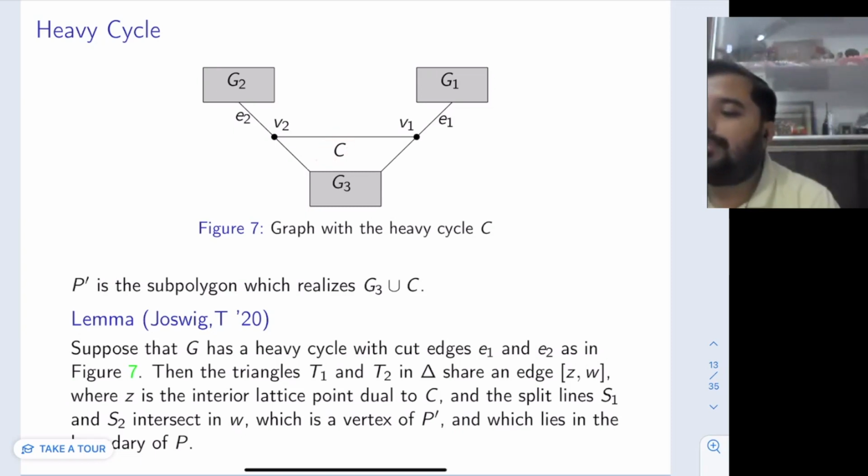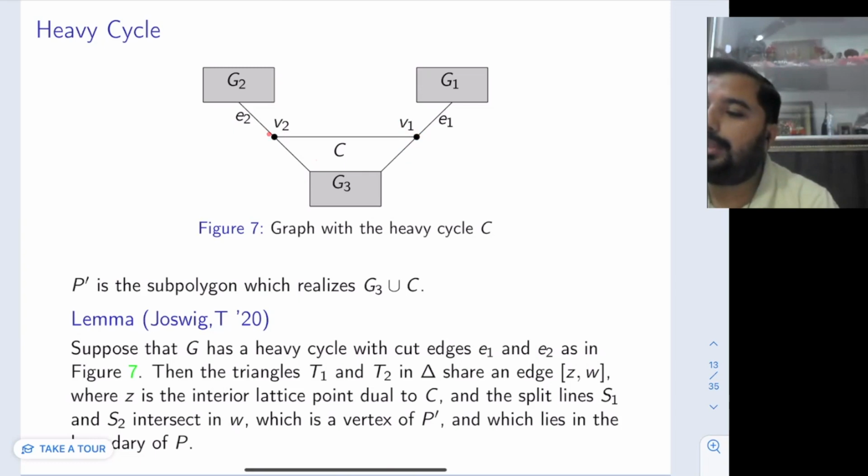If your graph looks like this, wherein you have a cycle C attached to two components G1 and G2, along with an underlying component G3, then each node in the graph corresponds to a triangular face. So this would also correspond to triangular faces in your subdivision.